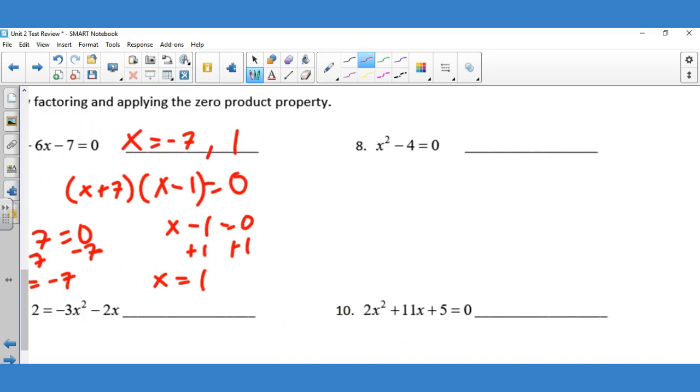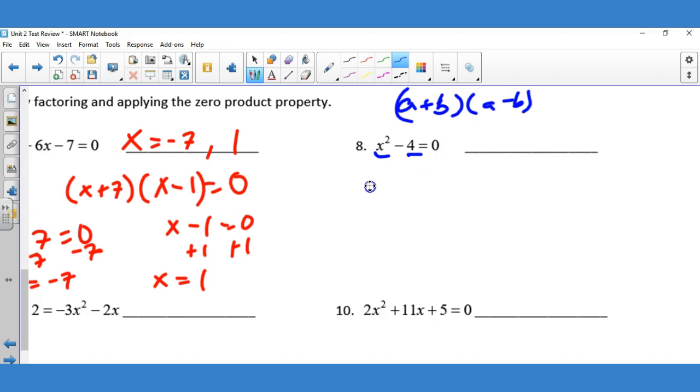Number 8, right here you have a couple different ways you can do this, and I'm just going to do both ways real quick so you can see. This is the difference of two squares. Here's the perfect square, here's the perfect square. The difference of two squares tells us a plus b times a minus b.